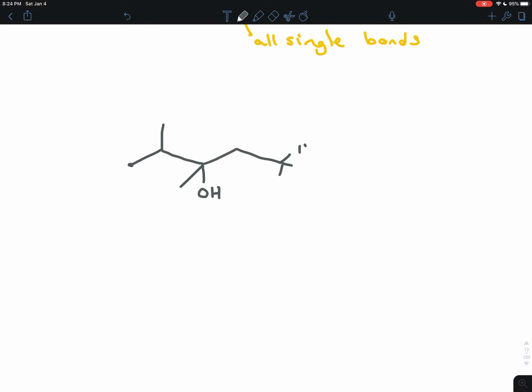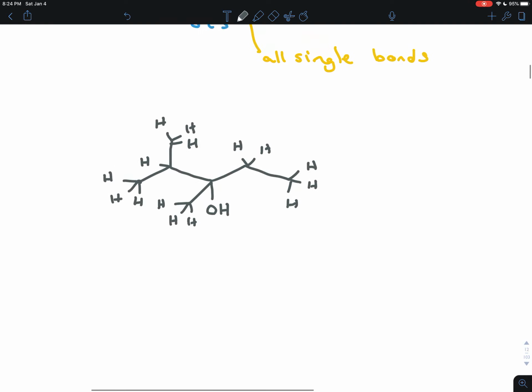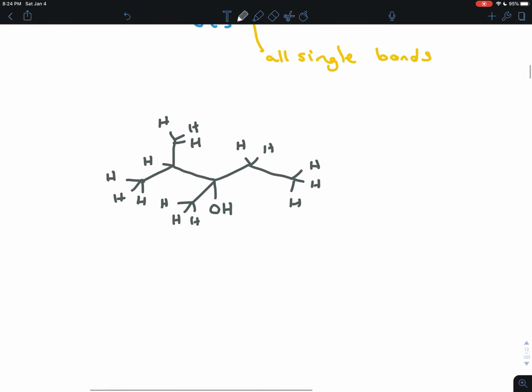So here we have 3 hydrogens on that carbon, 2 hydrogens on this carbon, 3 hydrogens on this carbon, 1 hydrogen on this one, 3 here, and 3 here.